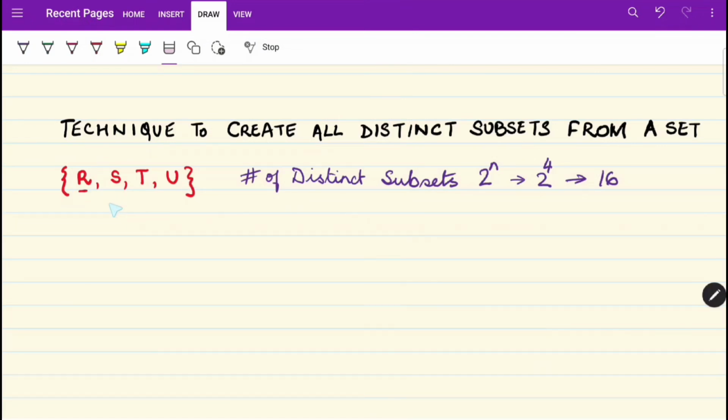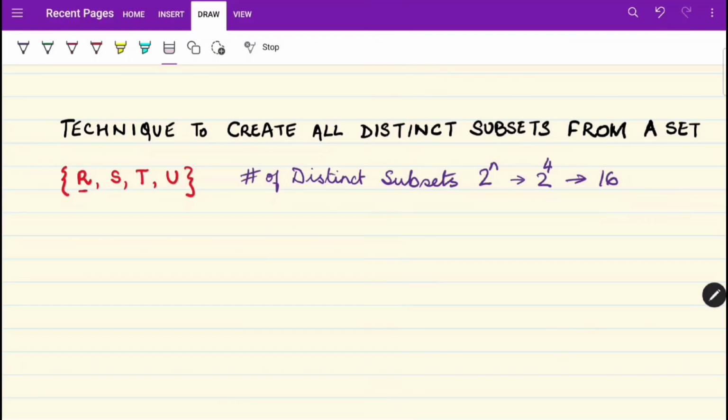So I have a set here, a set of 4 elements with the elements R, S, T, and U, and I'm going to create all possible subsets that we can come up with from this set. Now, before we start, we can find out how many distinct subsets we should expect. That comes from the formula 2 to the power n, n being the number of elements in the set. So that's 4. So 2 to the power 4 is 16.